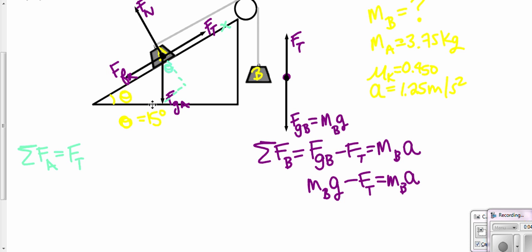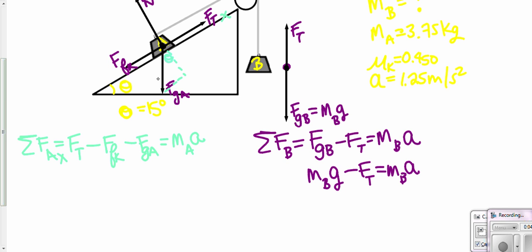It's completely in the x direction. But then there are two forces acting opposite that: the kinetic frictional force and the force of gravity on block A, which is trying to pull block A down. It's going to equal the mass of block A times its acceleration.